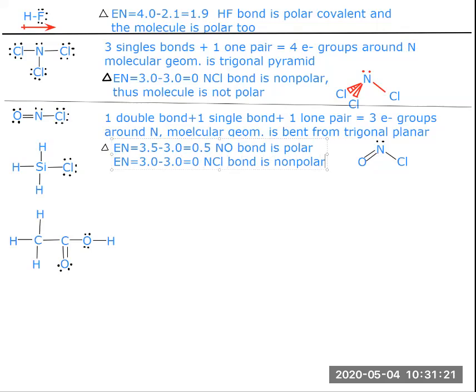Okay, so let me just do my delta here. So we have one bond that is polar, and the other that is not polar. So I'll do an arrow in this case again.